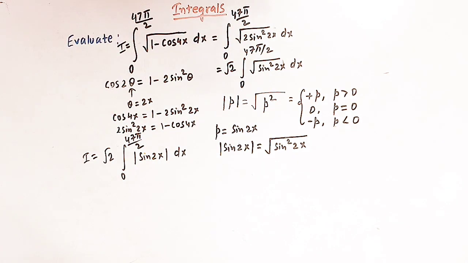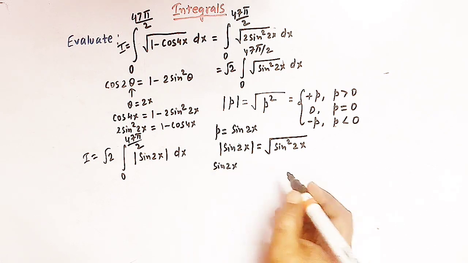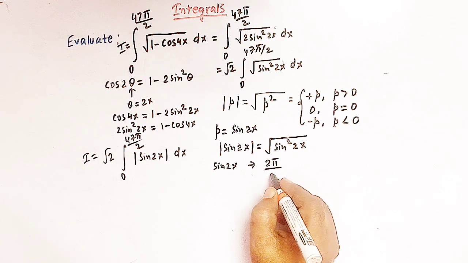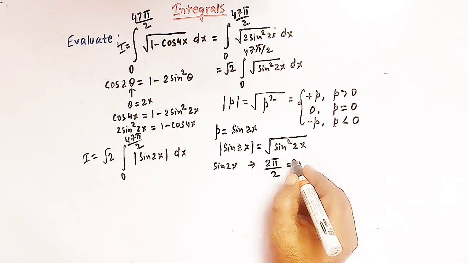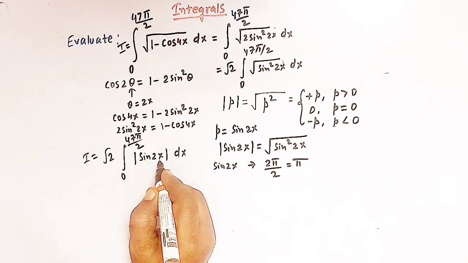Now let us utilize the concept of periodic functions. The period of sine 2x is given by 2 pi over 2, that is equal to pi. But here we have mod of sine 2x.